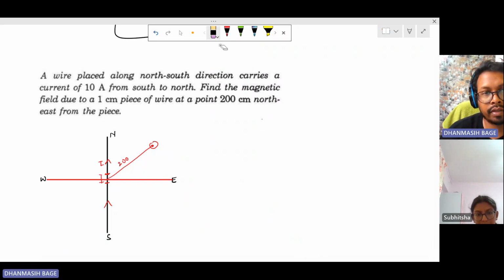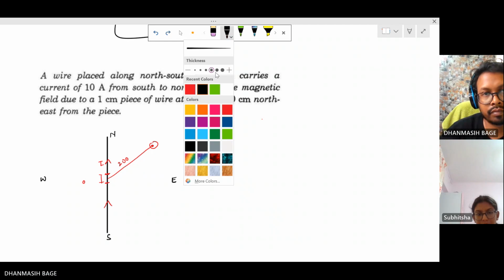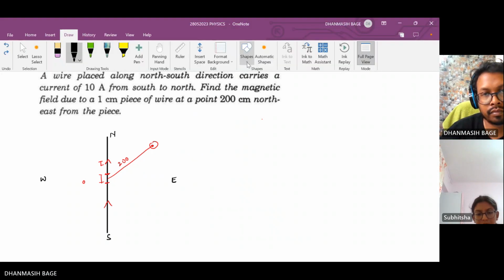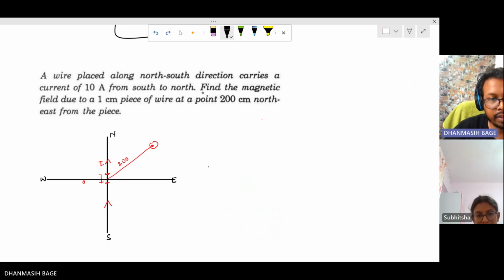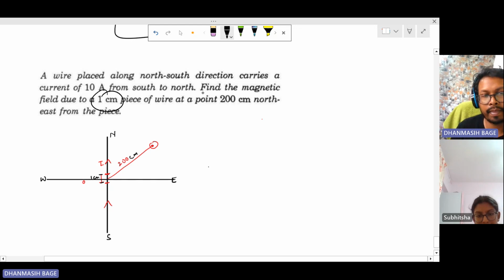This is 1 centimeter of wire, and this is the 200 centimeter distance away.